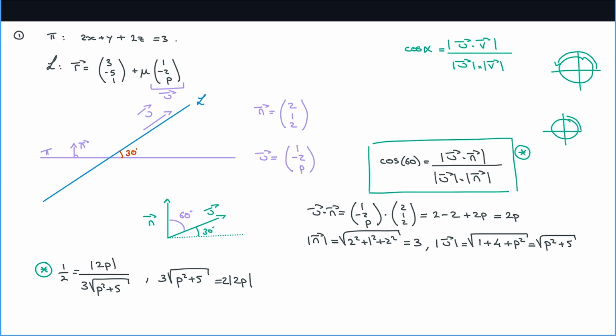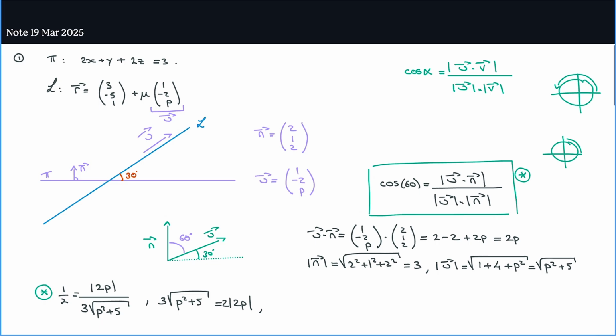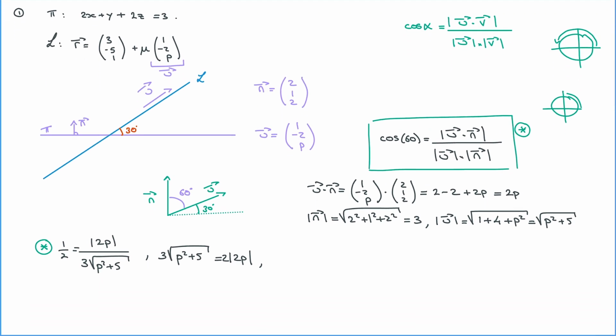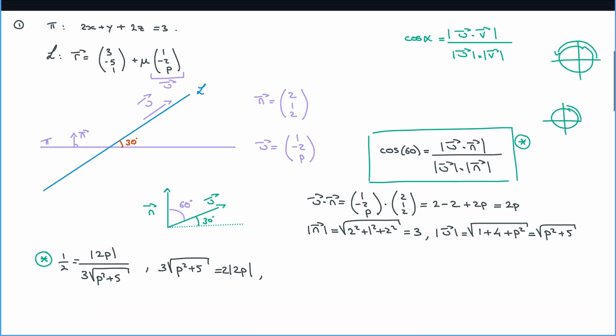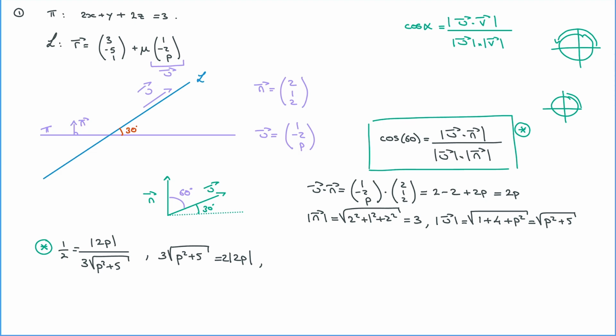Okay. HL, absolutely. Okay? So at this stage, sorry, I know I usually do my working vertically, but I want to try and fit it all on one single slide here. But at this stage, what we would do is square both sides, right? So when we square the left-hand side, the 3 gets squared and the square root gets squared.